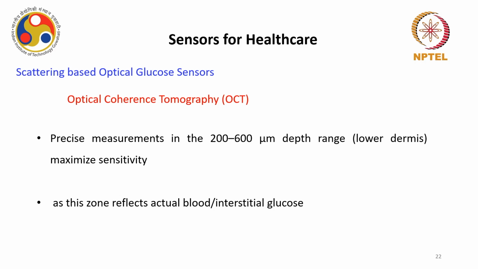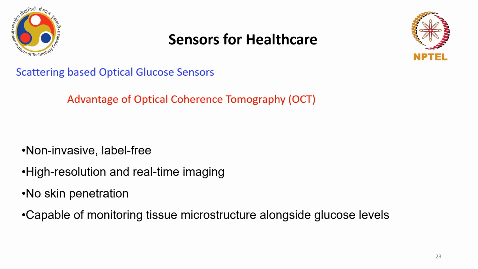This particular zone, the 200 micron to 600 micron zone, reflects actual blood or in some cases interstitial glucose level.